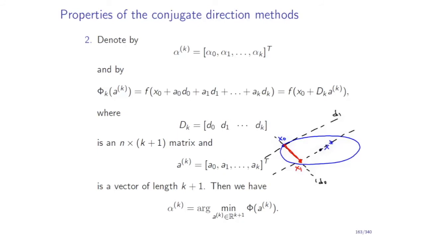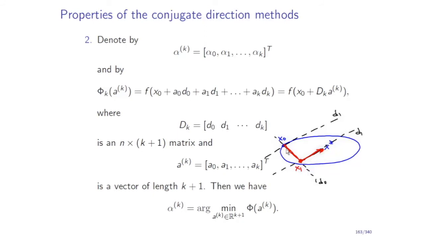And then we need to select alpha 1 when we move from x1 along the direction d1. So we need to select it in a way that we just go directly to the point x star. Obviously, if we select our alphas this way, then we'll end up at the point x star, which will be the global minimizer for our problem.